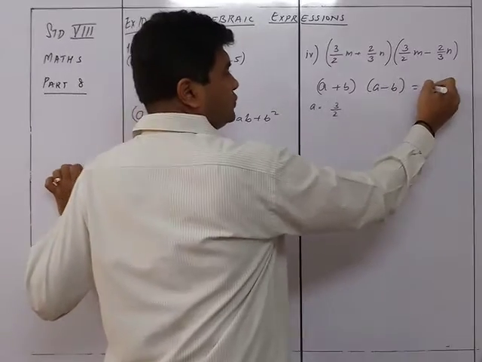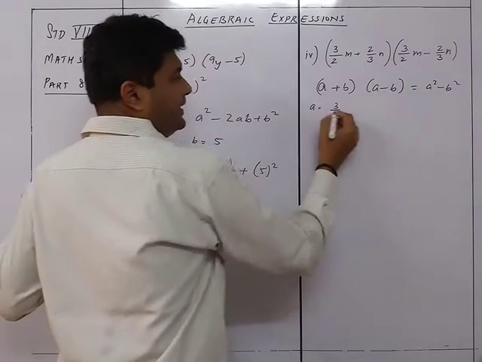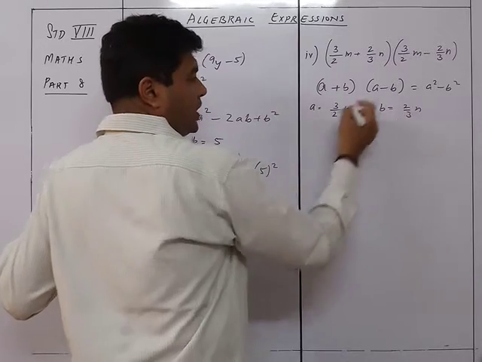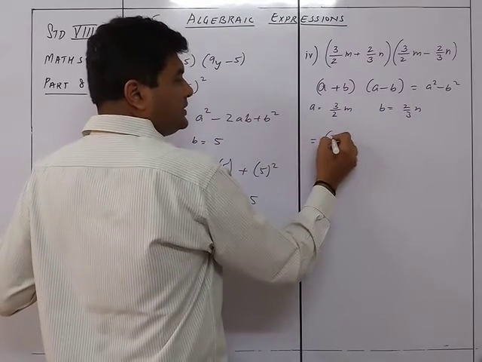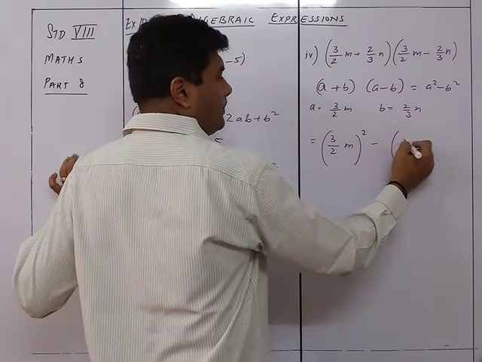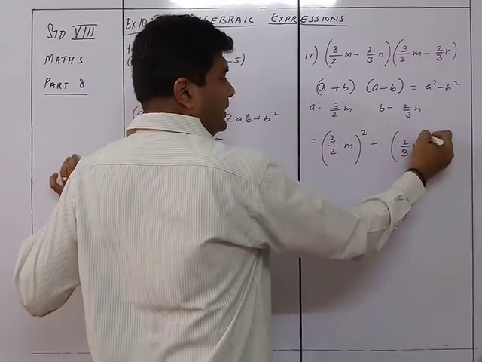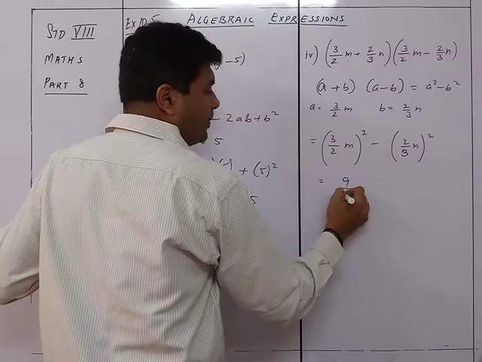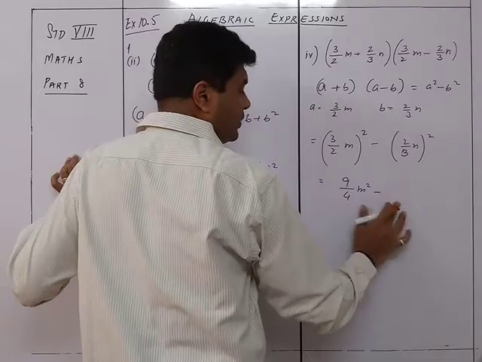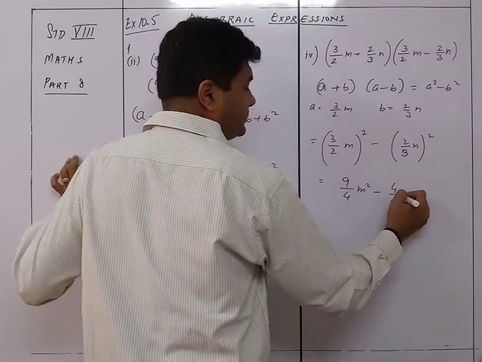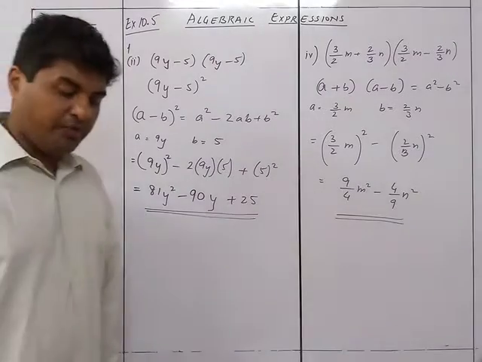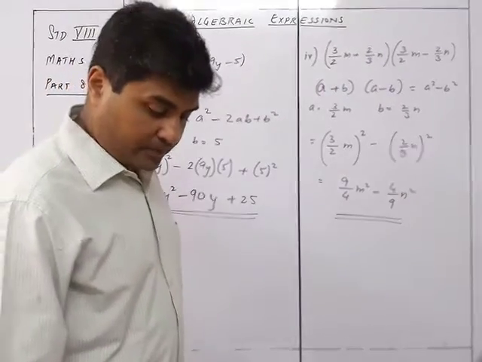This is equal to a square minus b square. So a is 3 upon 2m and b is equal to 2 upon 3n. Accordingly the answer will be 3 upon 2m the whole square minus 2 upon 3n the whole square. So the answer will be 9 upon 4m square minus 4 upon 9n square. That's the answer for question number 4 of the first one.